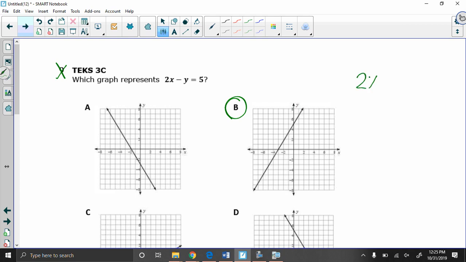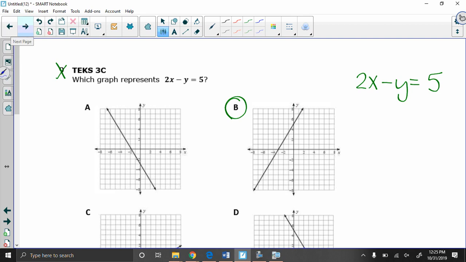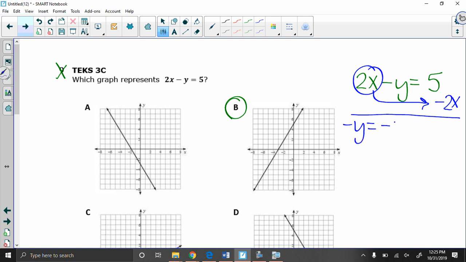So if I look at this equation, 2x minus y equals 5, I'm going to go ahead and solve it for y. When we do this, we have to subtract 2x first, because if I'm trying to get y by itself, I've got to move that term. So we get negative y equals negative 2x plus 5.